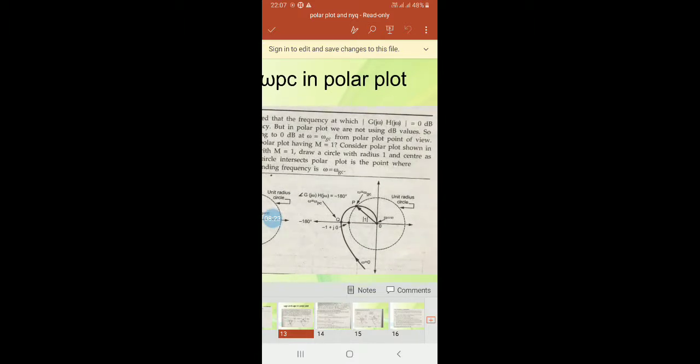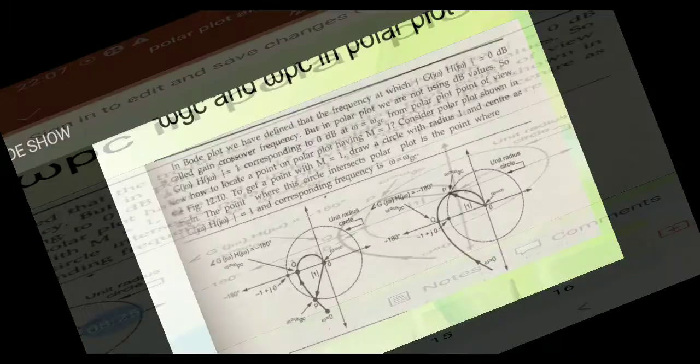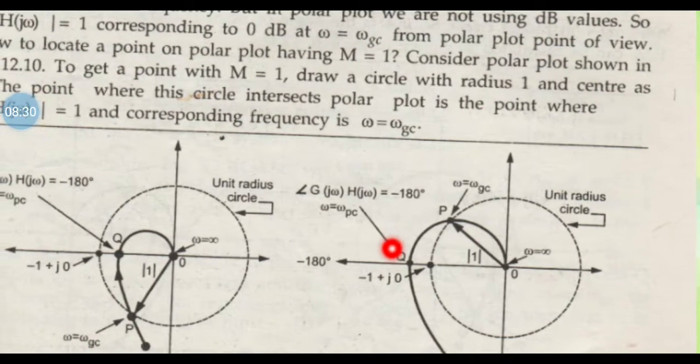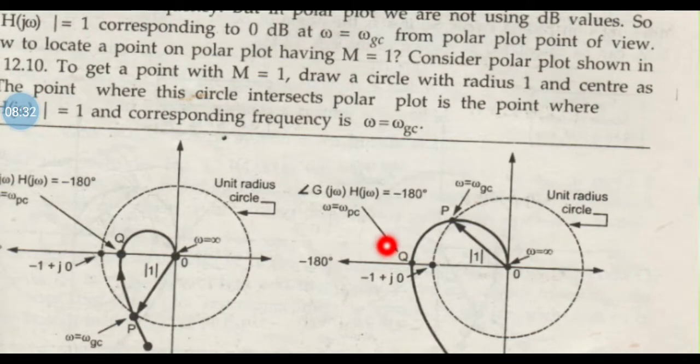So you can see this point Q. This point Q is where the angle is minus 180 degrees and the polar plot intersects this angle. That point is ωpc. So you can see here ωpc shown by point Q.